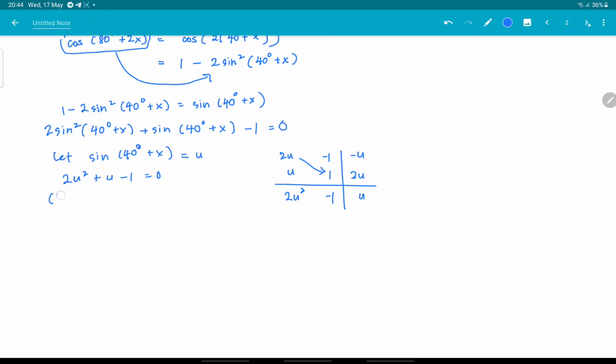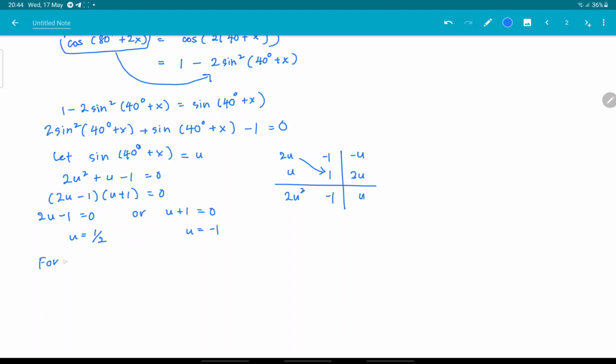So our factorization is (2u minus 1) times (u plus 1) equals 0. Then we use the zero product property: 2u minus 1 equals 0, or u plus 1 equals 0, so u equals 1/2, or u equals negative 1.